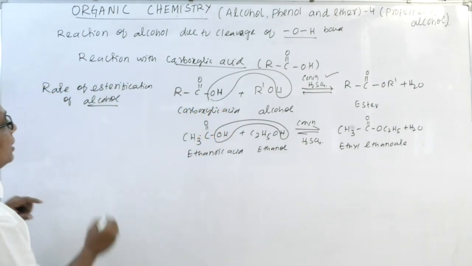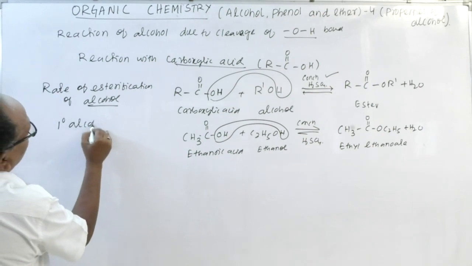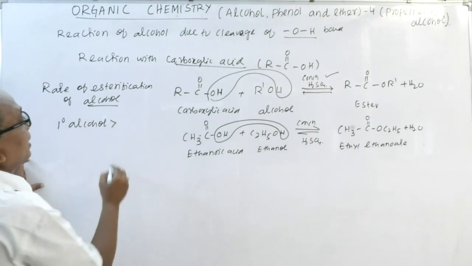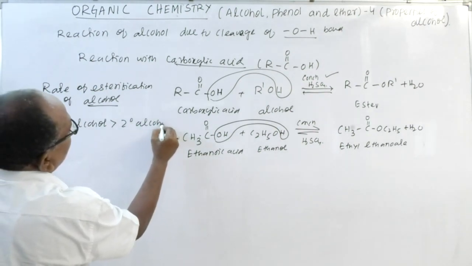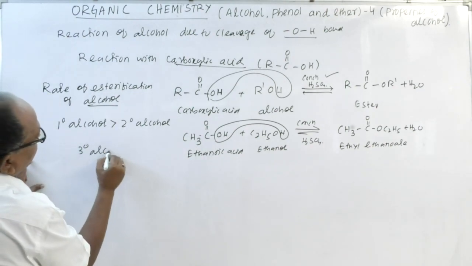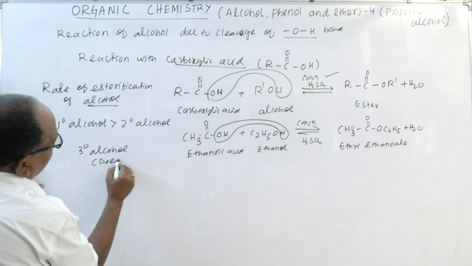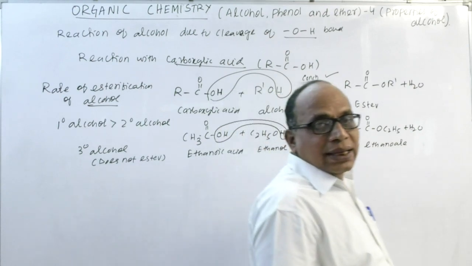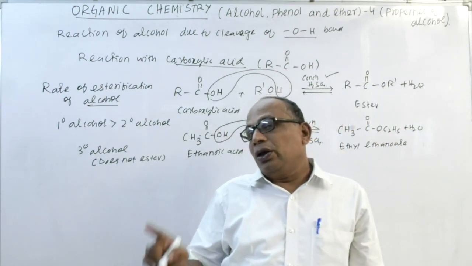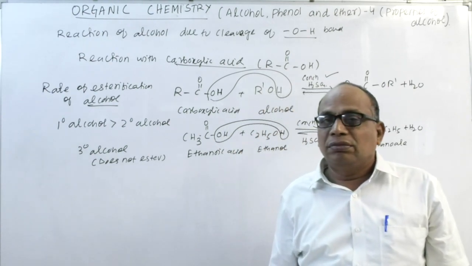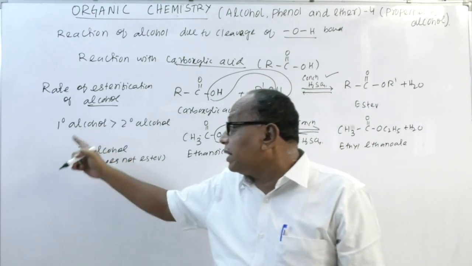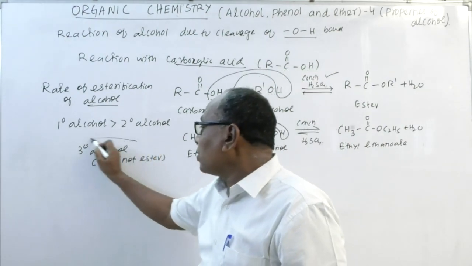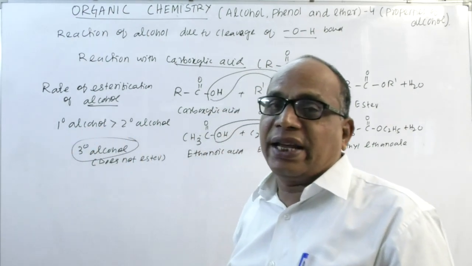The reactivity order is that a primary alcohol can readily form an ester with carboxylic acid, then the secondary alcohol, and the tertiary alcohol probably does not form an ester. Because in tertiary alcohol the oxygen-hydrogen bond is very strong and least reactive, and there is a presence of a bulky alkyl group. That's why the tertiary alcohol does not form any ester.